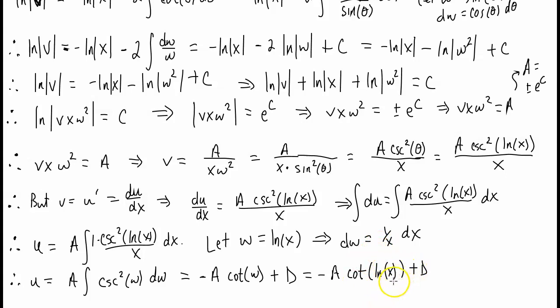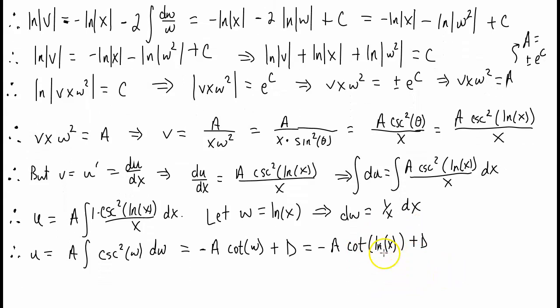And so the main thing here is that now that we have what this function u would be, for simplicity, because remember, all we need is the root function for this, we're going to let u, which is a function of x, just be cotangent of natural log of x here. Okay.